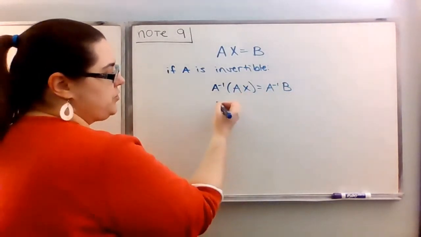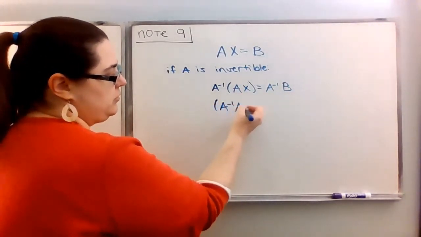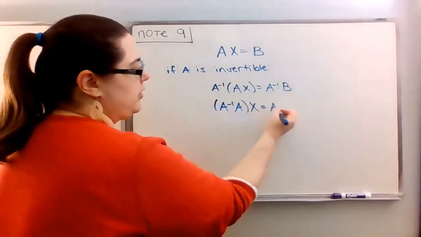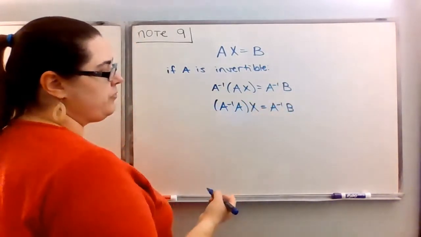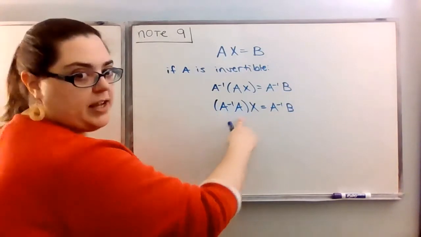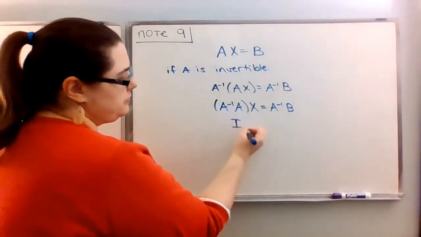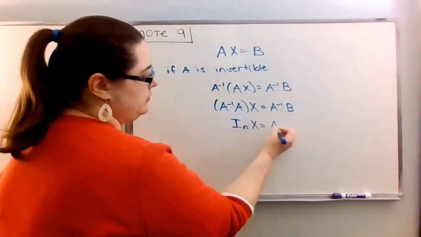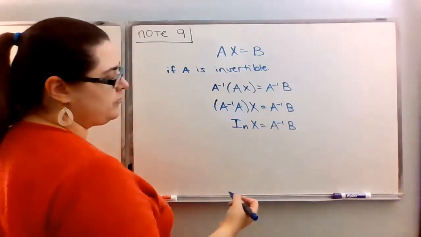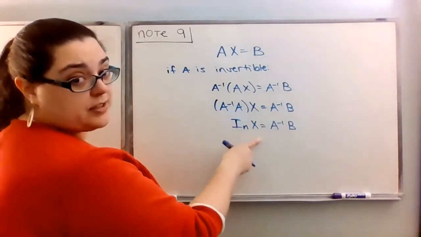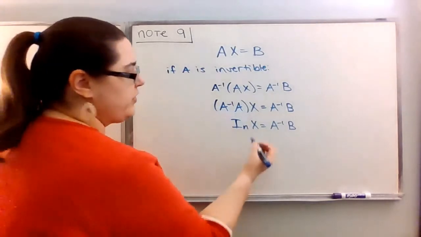We can use the associative property to regroup on the left, but A inverse times A is the identity. And the identity times anything is the anything. That's from that lemma at the start of the video.